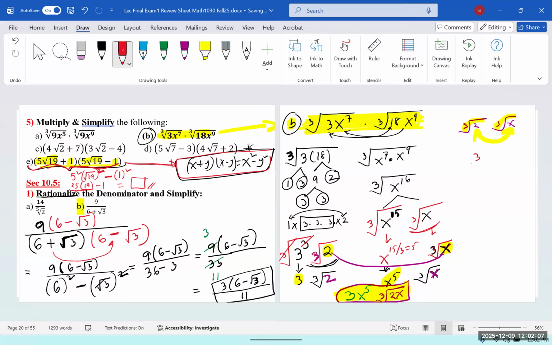So you do one big cube root, and then you put everything you have under the radical. You may have multiple of the same radical, but when you're multiplying, you're allowed to put every radicand inside your one big radical.